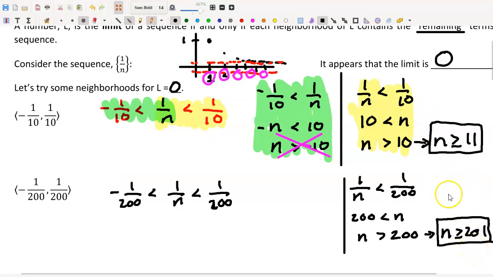I want to have a faster way of doing that, and that's kind of what we're doing today: finding a more general formula where I could just plug in my epsilon, which is how far we are from the limit. I can just plug it into some formula and figure out the n without having to redo the inequality solving over and over and over. So it's kind of like a general formula that we're going to figure out, okay?